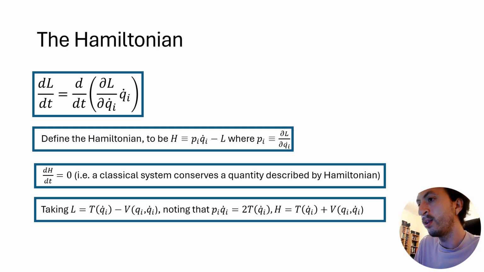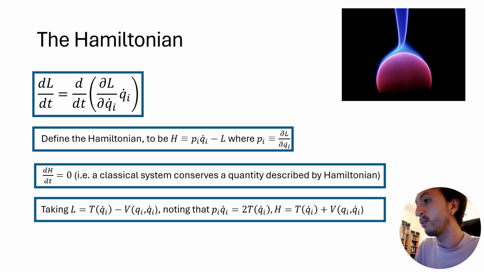If we take away the Lagrangian from twice the kinetic energy, then we end up saying that the Hamiltonian is the sum of the kinetic and potential energy. So in other words, the Hamiltonian is the total energy of the system, or if we're doing thermal physics, like the internal energy of the system. It is essentially the total energy present in the system. And so the meaning of dH by dt is zero is that in a closed system, energy is conserved.